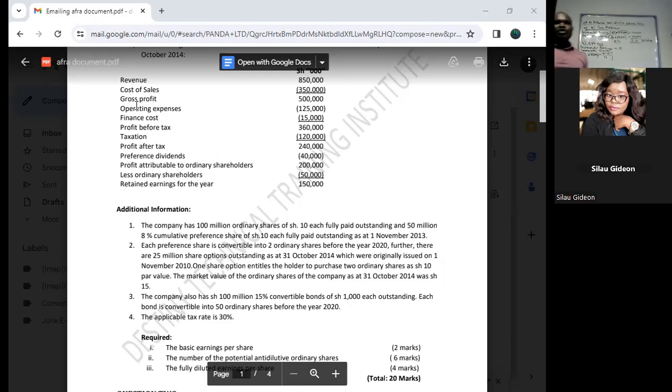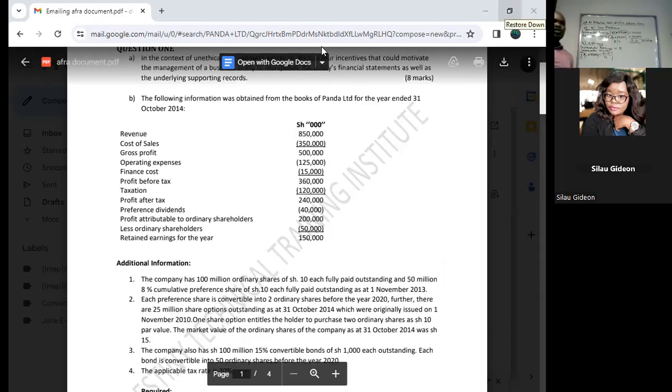They have said they had issued 25 options, and each option entitles you to receive 2 ordinary shares. Those options were given at shillings 10, market value 15.